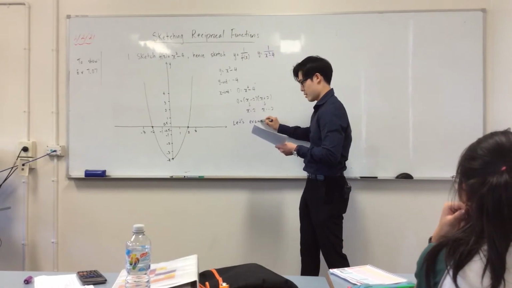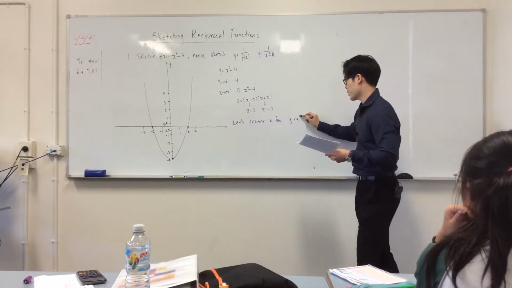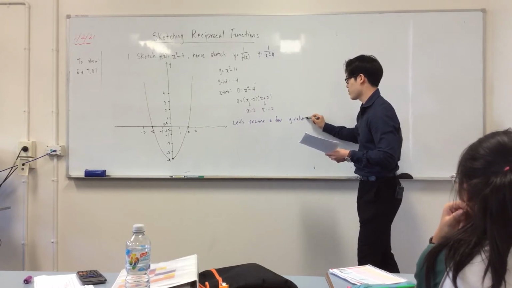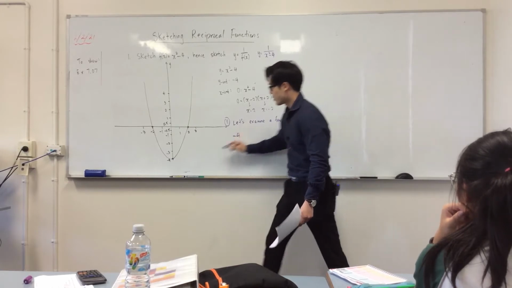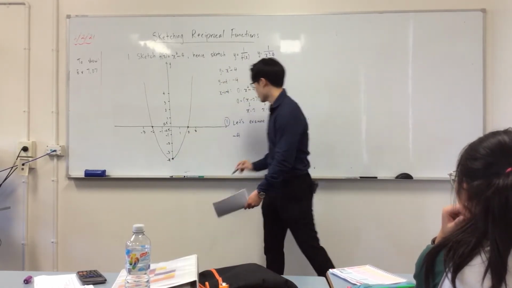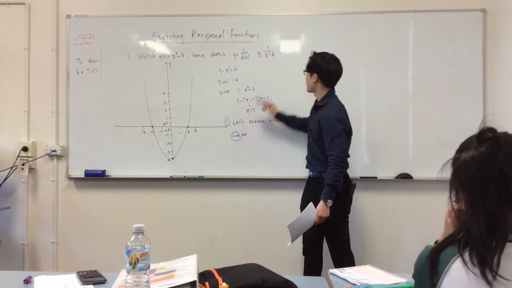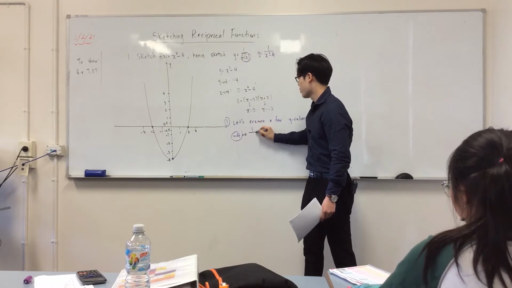In order to do that, let's examine a few y values. Okay? Strictly just y values only, not x values, and you'll see why. All right. From minus 4, so at minus 4, we're looking at only the y values here. If you put that value and replace it here, that's 1 over minus 4.